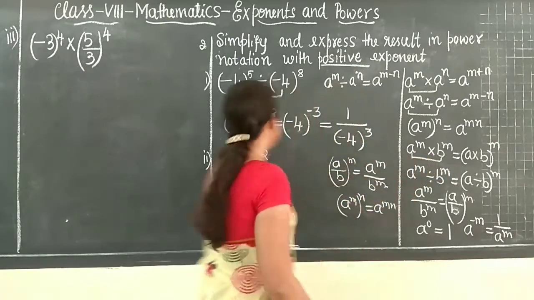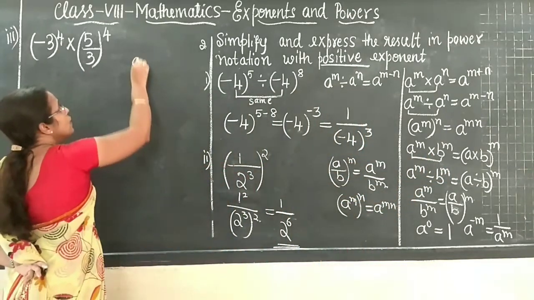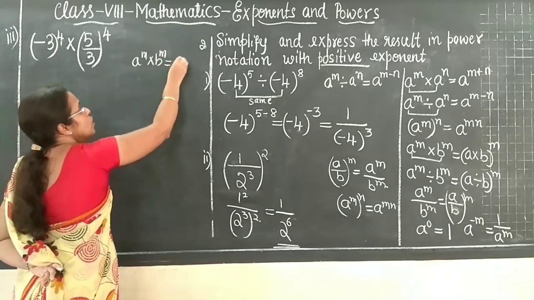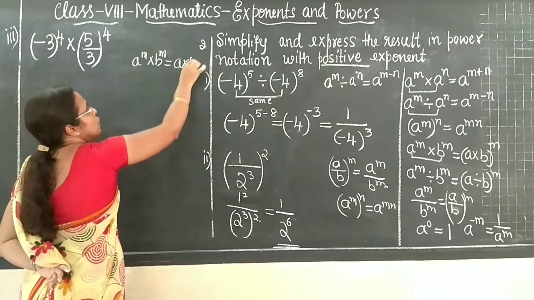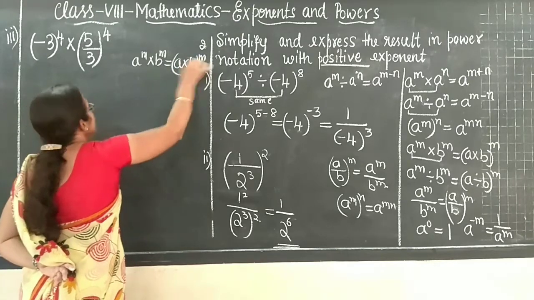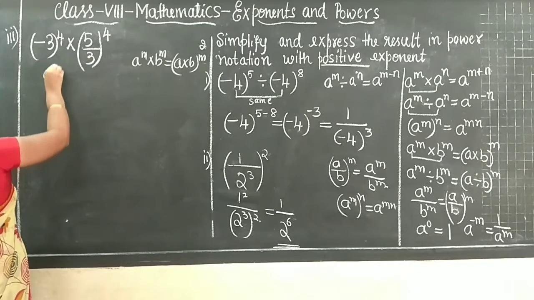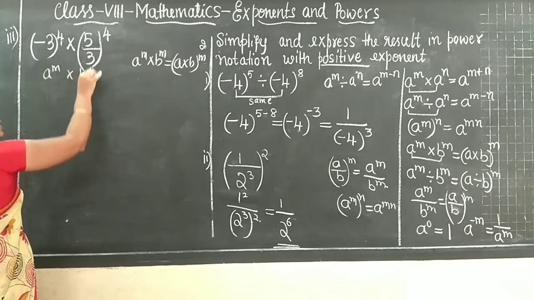Correct? So it is in the form of a to the power m into b to the power m is equal to a into b whole to the power m. Can I write like that children here? This is a to the power m, this is b to the power m.